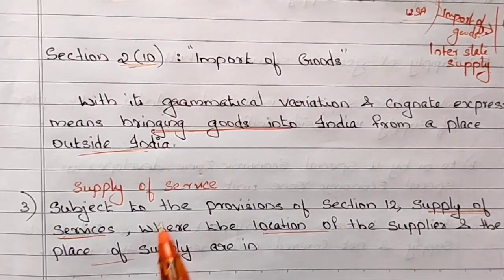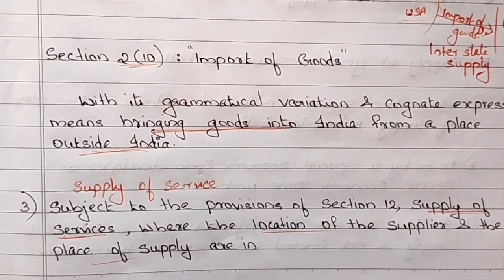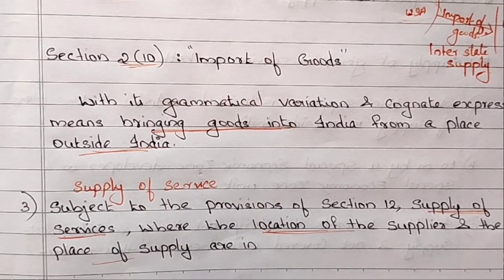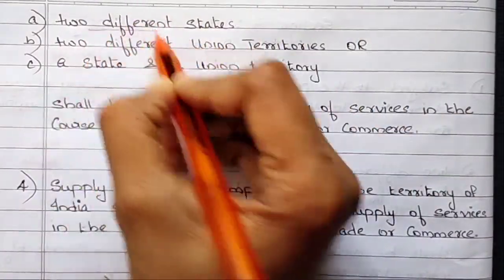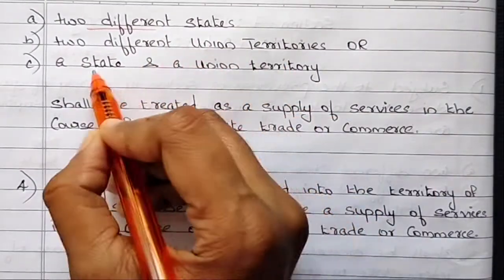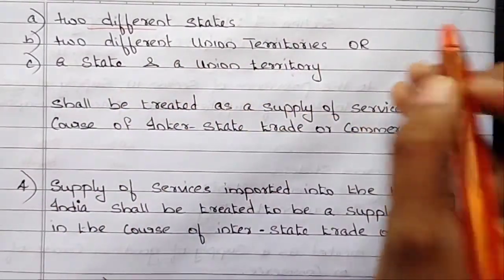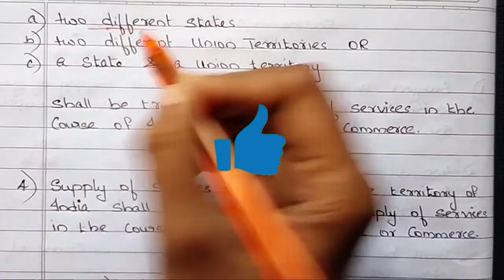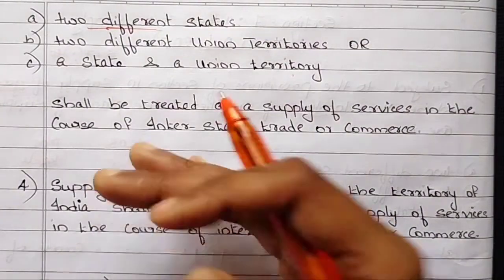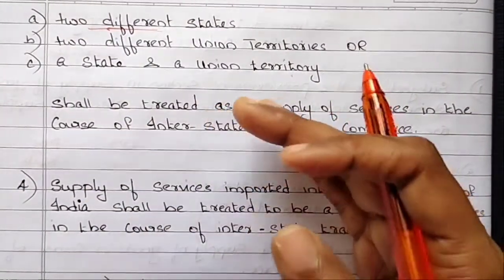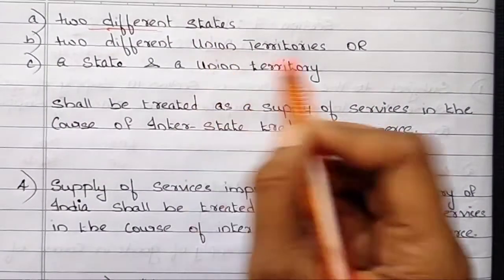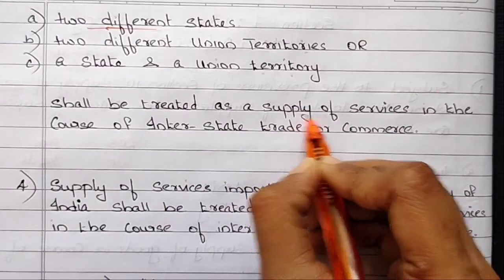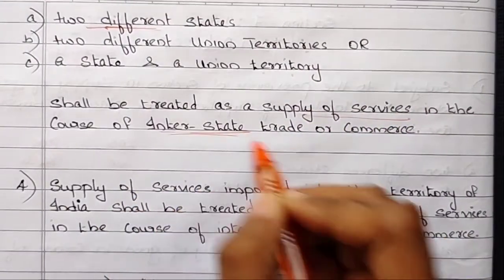Subject to the provision of section 12, supply of services where the location of the supplier and the place of supply are in two different states, two different union territories, or a state and a union territory, shall be treated as supply of services in the course of interstate trade or commerce.